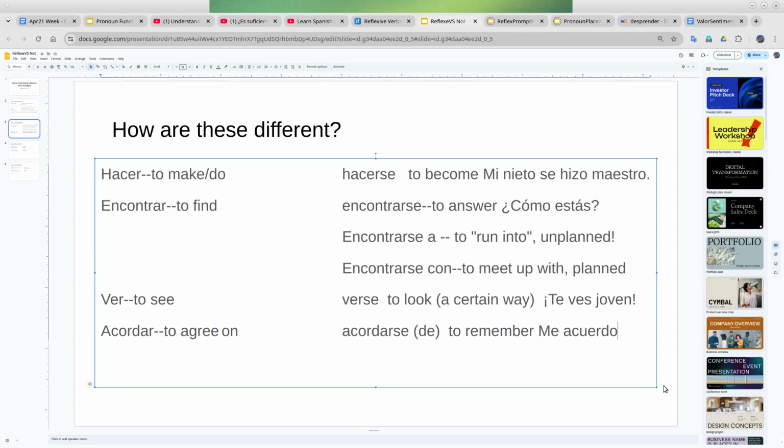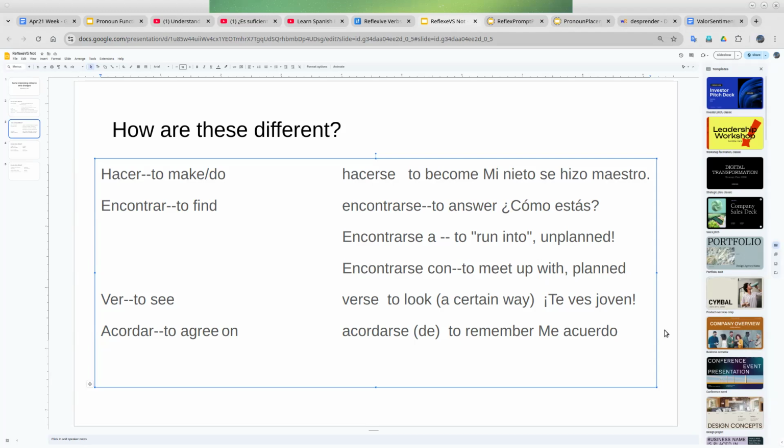No me acuerdo del cumpleaños de mi sobrino. Oh, I got a problem. I can't remember. No me acuerdo de la fecha del cumpleaños de mi sobrino. I can't remember my nephew's birthday. Bien.